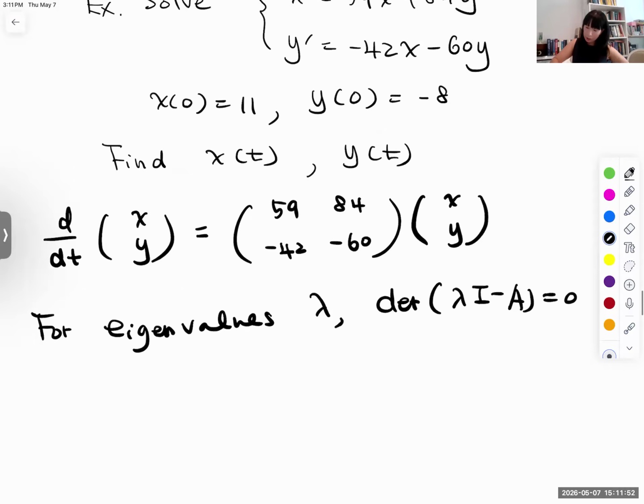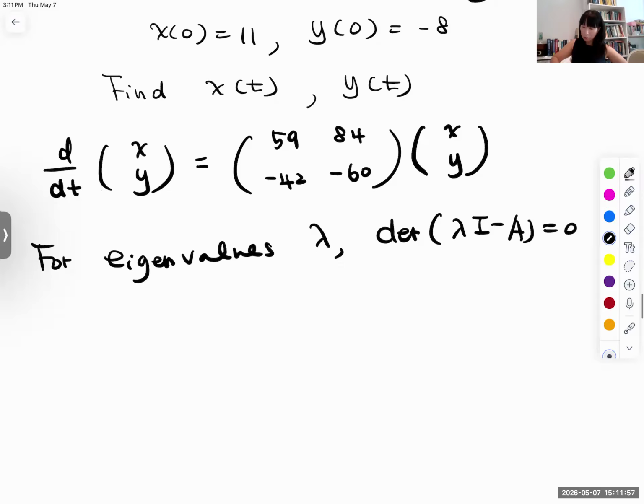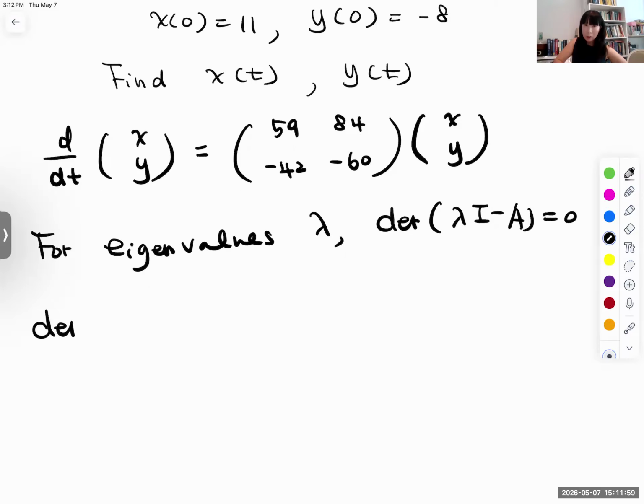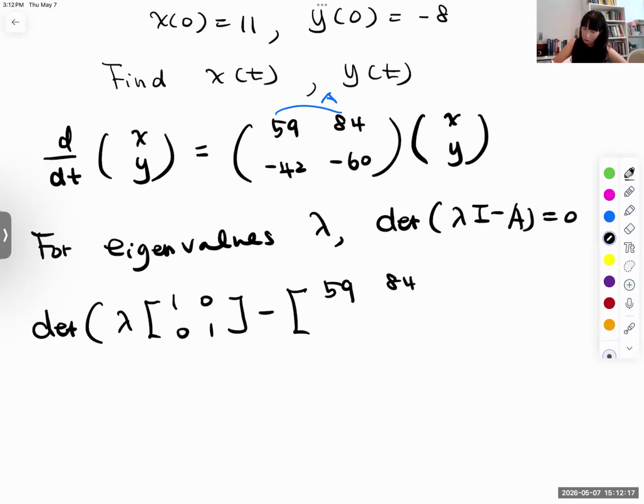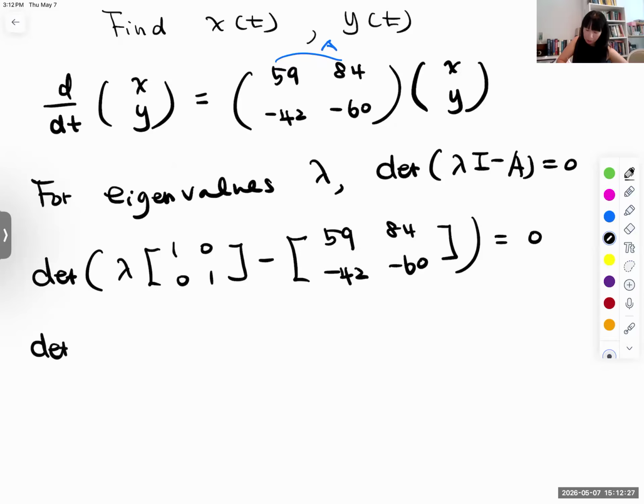So we have lambda times the identity, 1, 0, 0, 1, minus A, which is 59, 84, negative 42, negative 60, equal to 0.